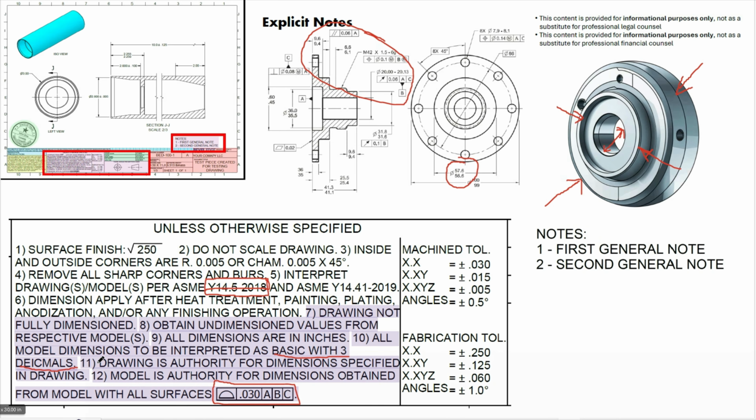And here with number 11, you're telling them, look, if I have it called out explicitly in the drawing, that overrides anything you see in the model. And if it's not in the drawing, you can go see the model, and here are the general tolerances of the model.